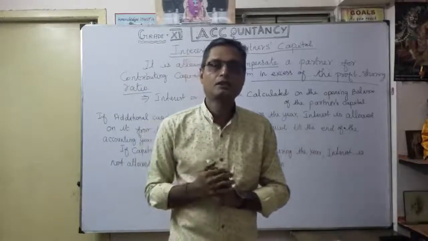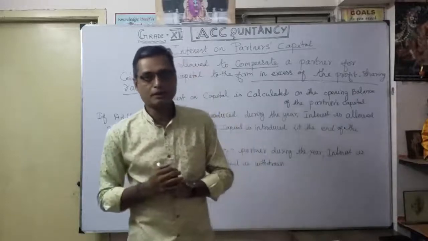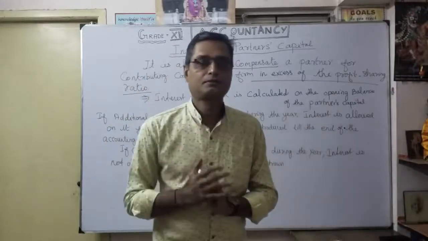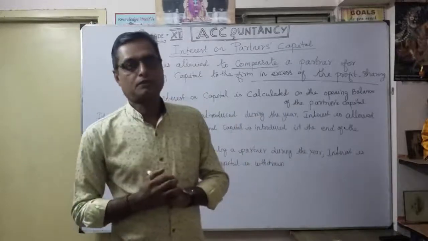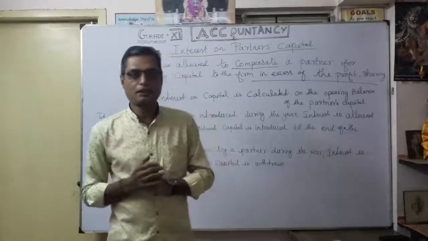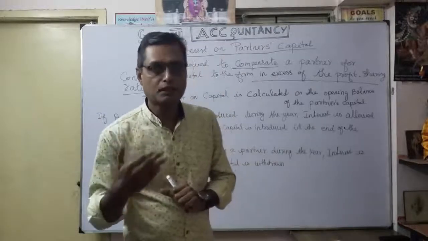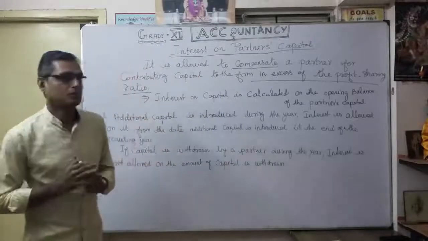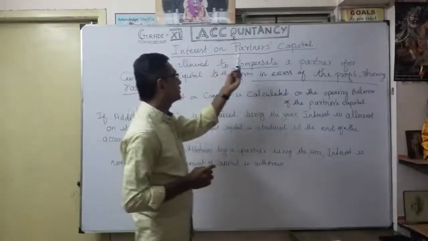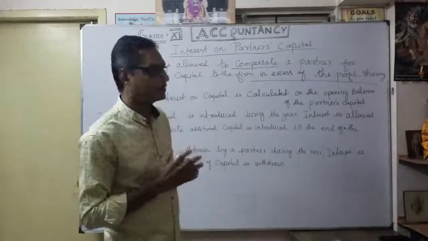Whatever capital each partner contributed, they will also get interest. Even though they get profit according to the agreed sharing ratio, they will get interest on capital also. Interest on partners' capital is an expense for the firm. That is the first piece of information.